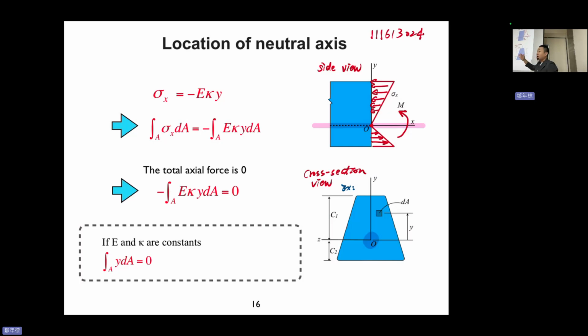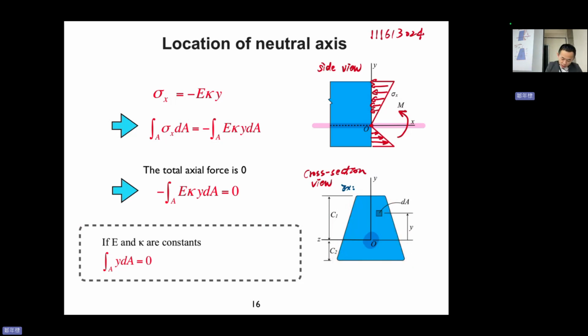But this area is still here, which means the forces need to be balanced. So you see, sigma x equals minus E kappa y. This sigma x is the formula describing the stress in this area.